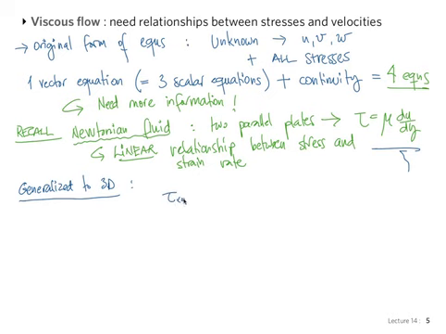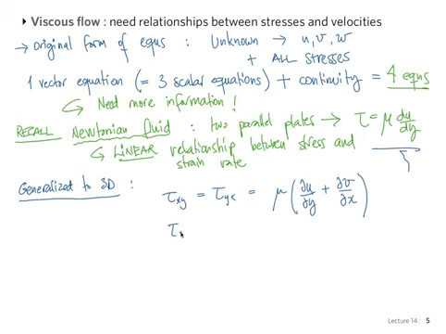The shear stress xy is actually symmetric, so it's equal to the shear stress yx, and it's equal to mu, the viscosity, times the partial derivative of u with respect to y, plus the partial derivative of v with respect to x. So we have basically two contributions of the strain in the 3D case, and we maintain the linear relationship between the strain rate and the shear through the coefficient of viscosity.